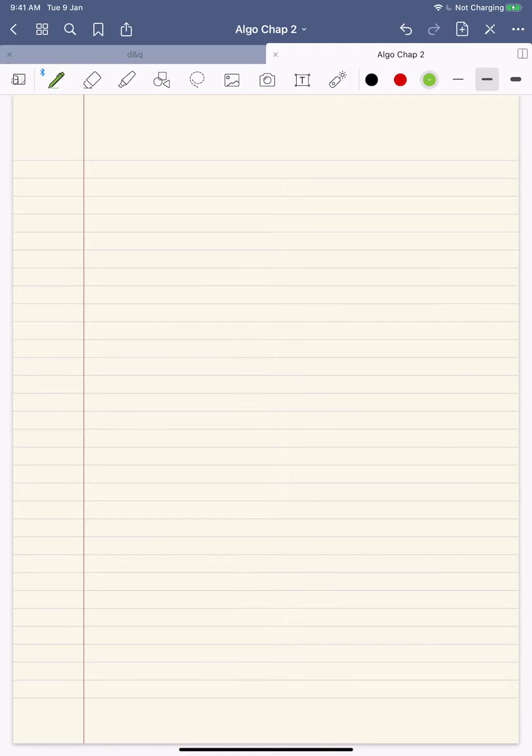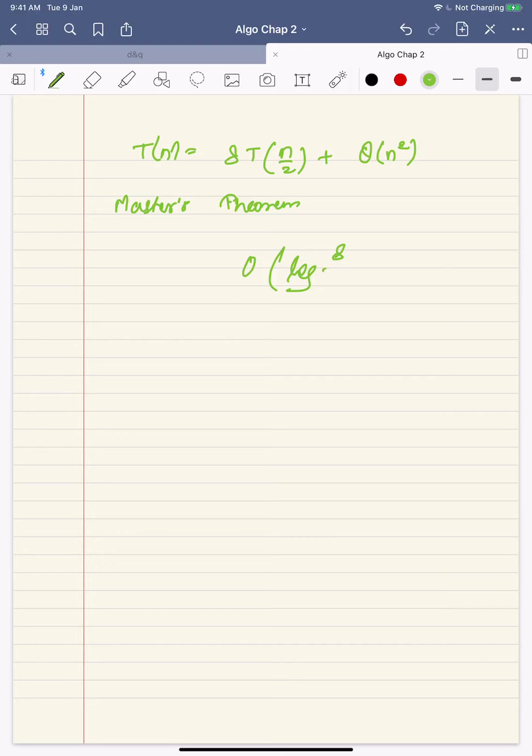So I can express T(n) as 8 times T(n/2) plus theta n square. Fine. Now let's see if I can apply the Master's theorem. I have to compute n to the power log A base B, where A is 8 and B is 2, and that is order n to the power 3.